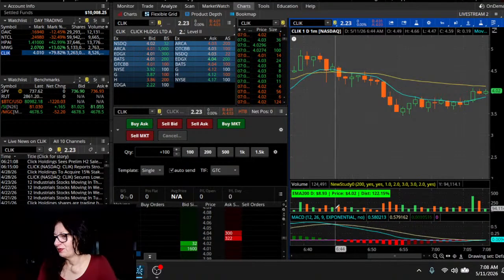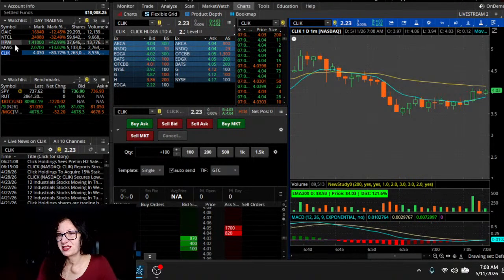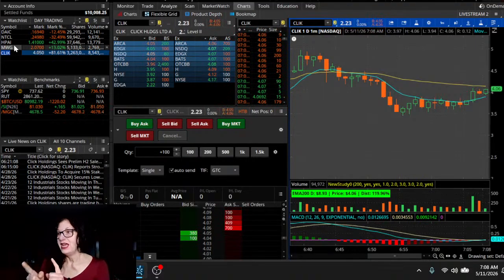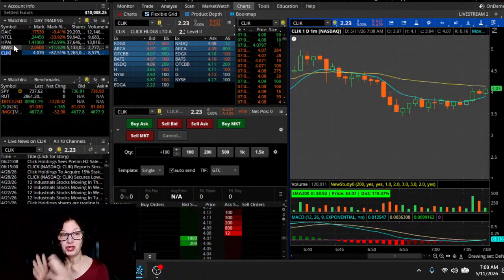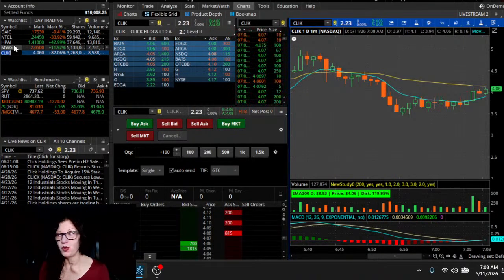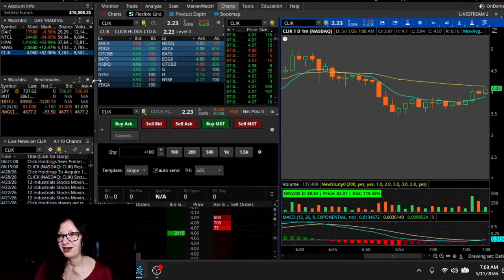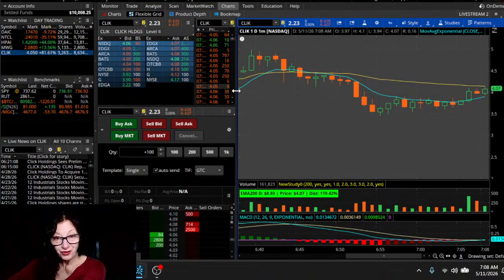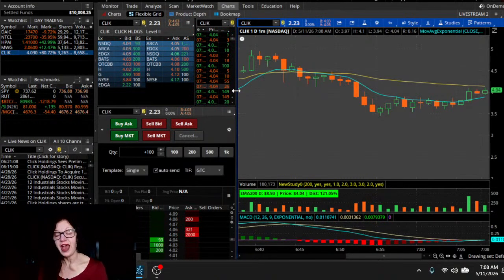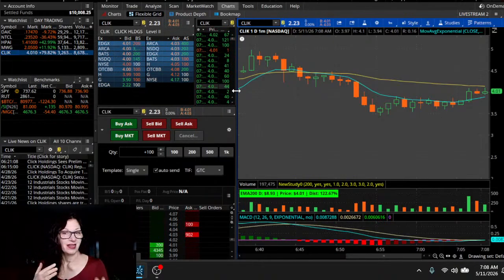It's really, really helpful. Because I used to keep all the charts up, but it was just too much going on all at once, and it was very cluttered on my screen. I've been using my travel trading station as my main trading station, so that when I travel, it's no big deal.